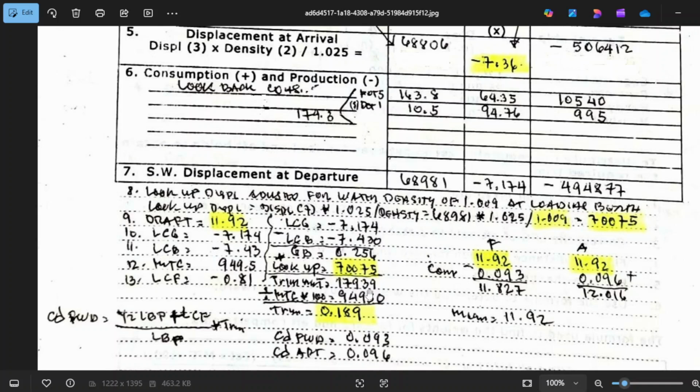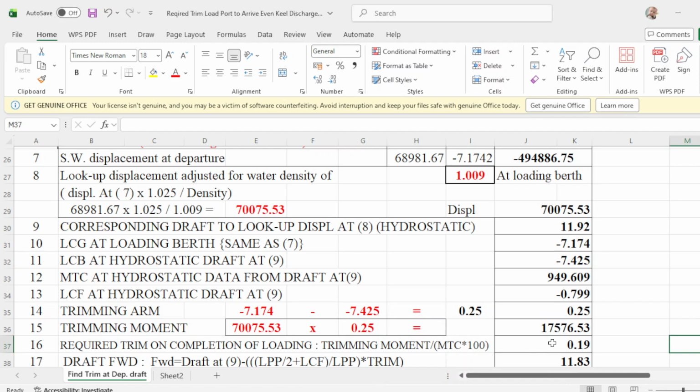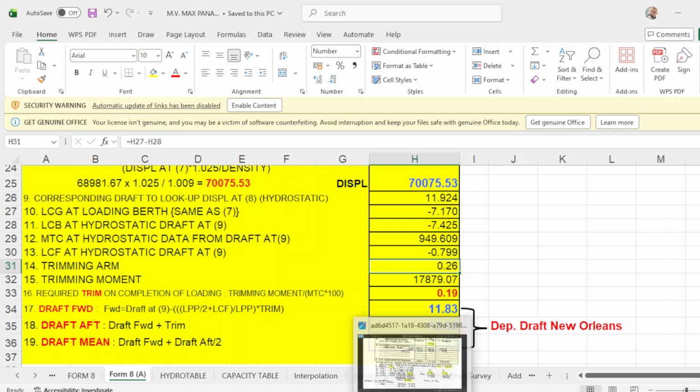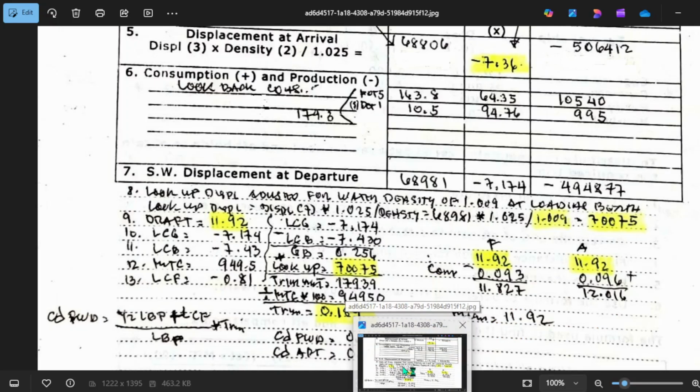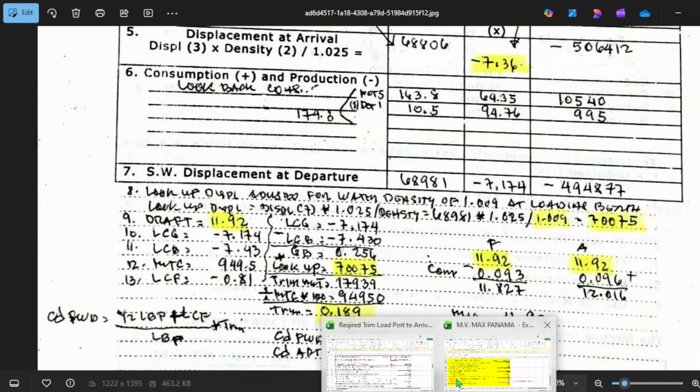Trimming moment is 17939 here. But the manual is 175.7653, and the program is 17939. So they're different. But anyway, we'll just continue.